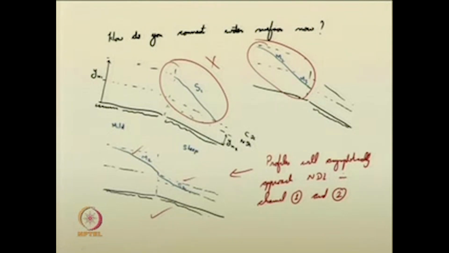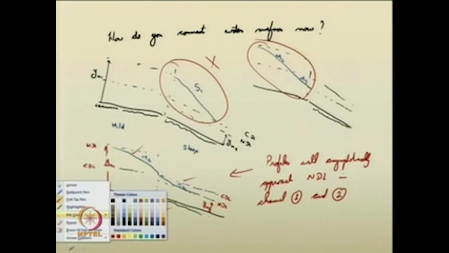So, here it will asymptotically reach the normal depth line, here also it will asymptotically meet the normal depth line, because this is the normal depth line, this is the critical depth line, this depth is y n 1, this depth is y n 2. Okay. So, like that you can think of that.